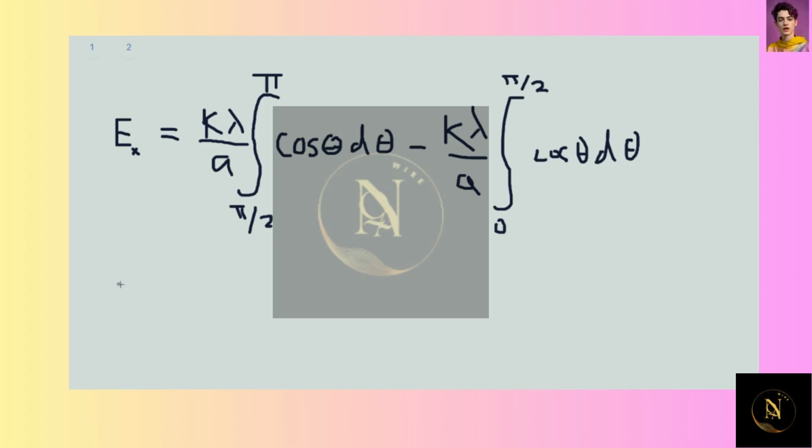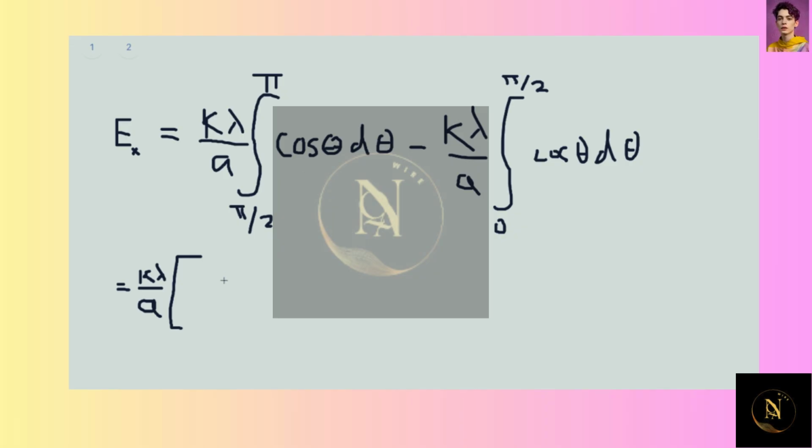These are pretty simple integrals to evaluate, right? So if we just pull k lambda over a out here and try to evaluate these integrals, we know that the integral of cosine is just the same thing as asking what function gives me cosine theta when I take the derivative of it, right? So that should be sine.